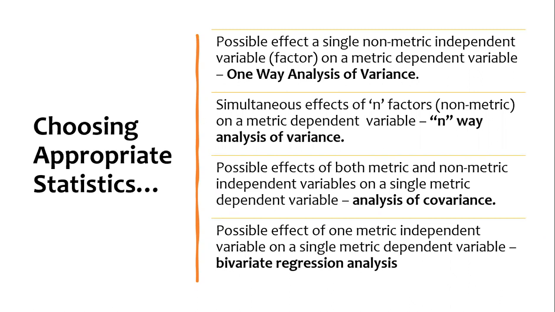Another variant is the analysis of covariance, where the independent variables involved can be either metric or non-metric, continuous or non-continuous, in their effect on a single metric dependent variable. That metric dependent variable must be a continuous numeric variable.